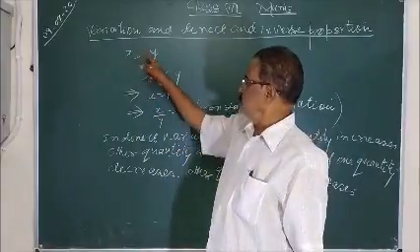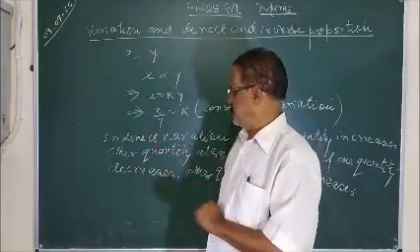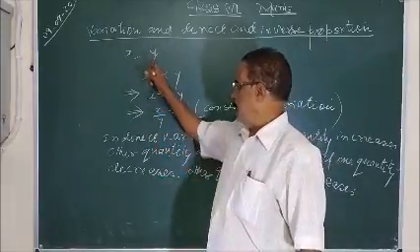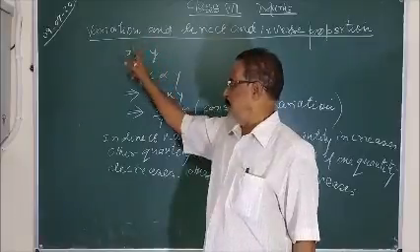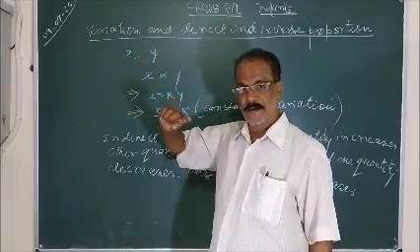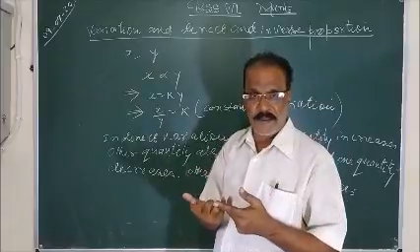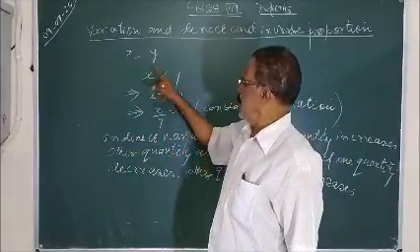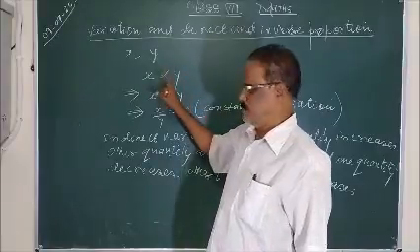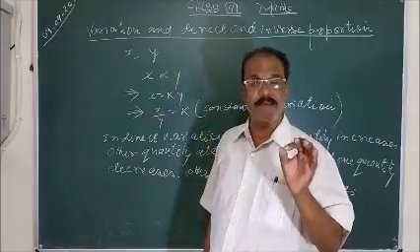So if x and y are two quantities, and if y increases, x also increases. Inversely बोल सकते. If x increases, इसको कहते हैं x varies as. इसको पढ़ते हैं varies as.